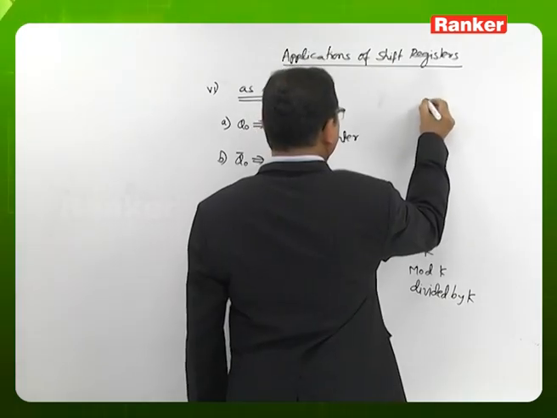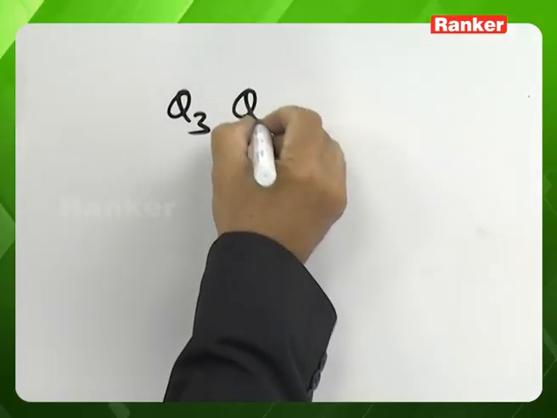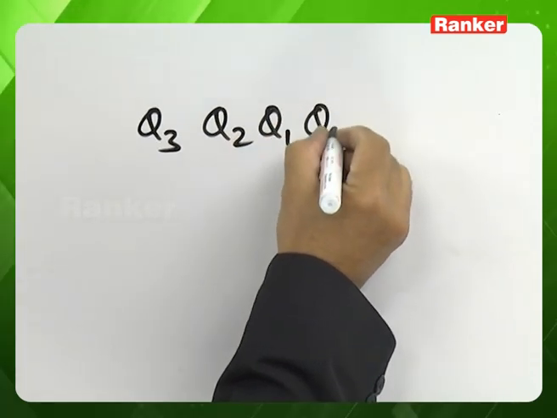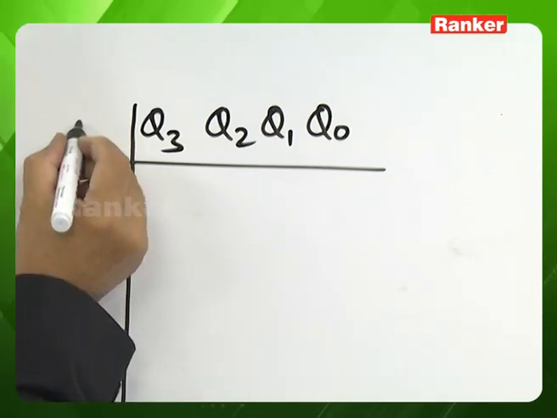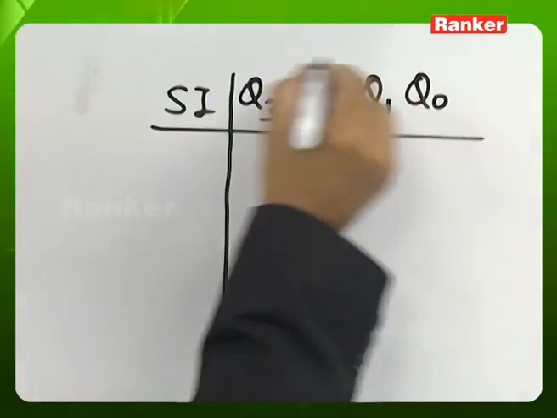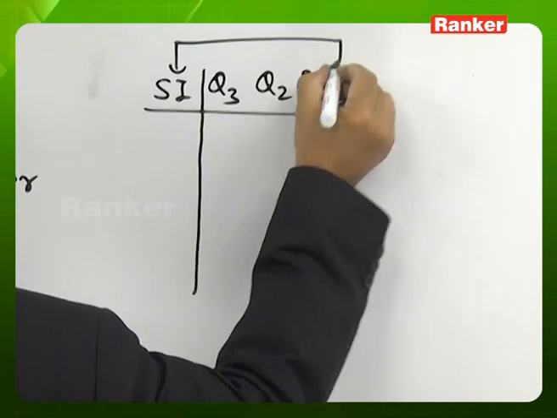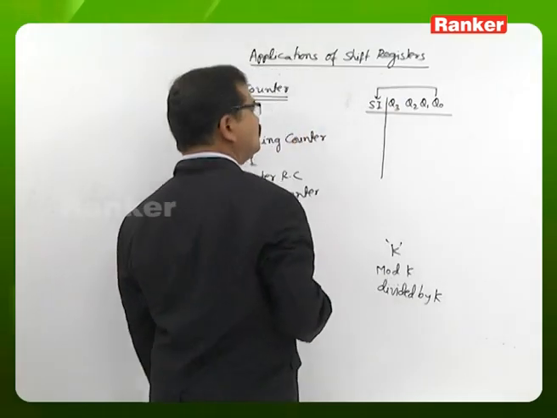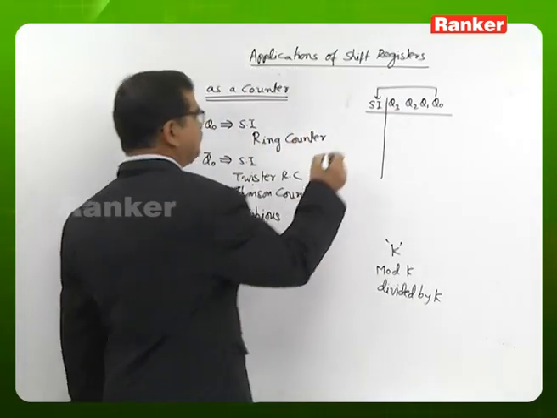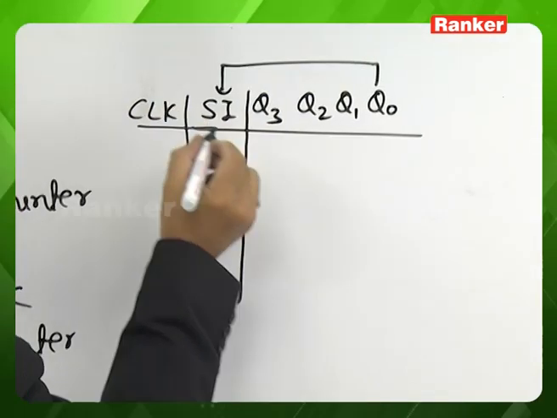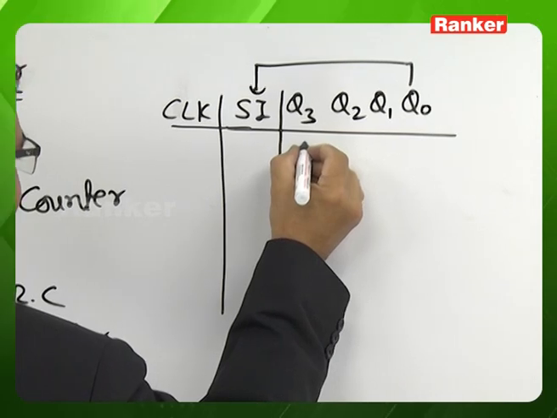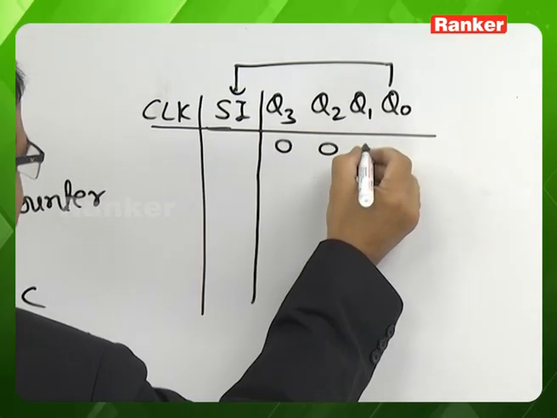Let's take the 4-bit case again. As we are saying, Q0 is coming as the serial input of the counter. Suppose we look at the initial content in the register.